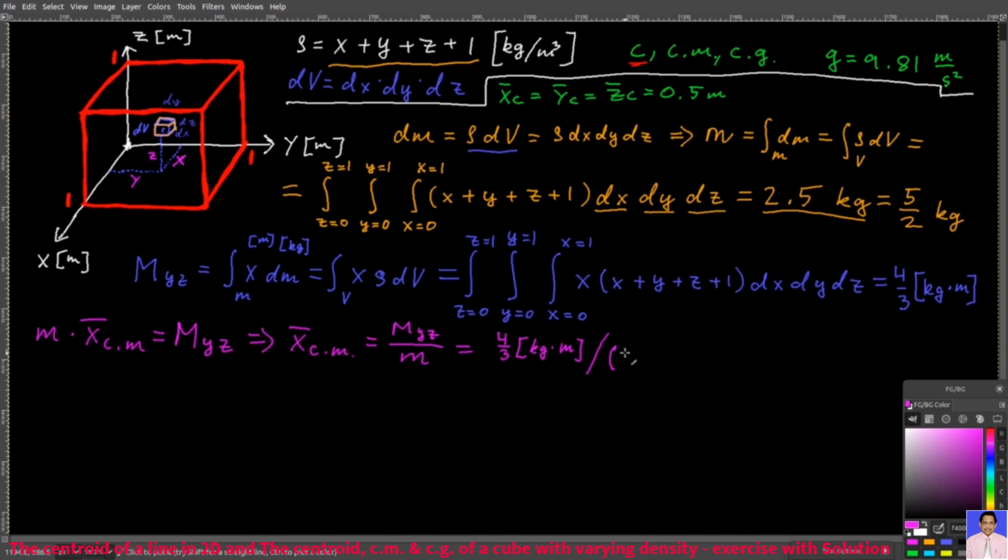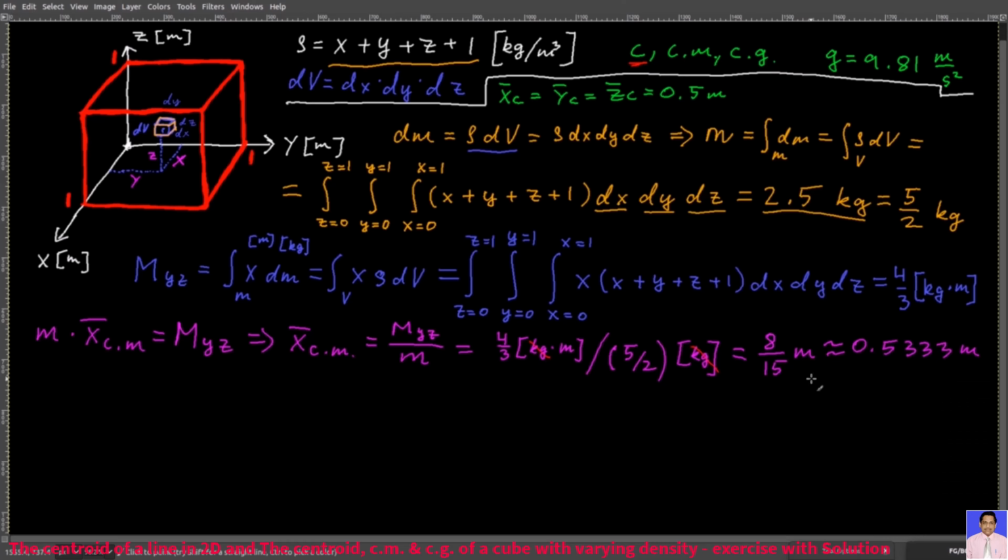The kilograms cancel out, and you will have 8 over 15 meters. It is approximately 0.5333 meters. So that's your x bar cm.